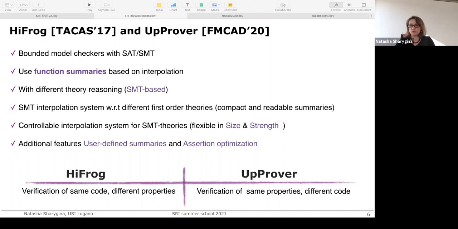What we observed is that if there are systems which are closely related, like upgrades of the system, new versions, or bug patches, then our incremental bounded model checker AppProver really helps to re-verify these new versions of the system very effectively. So it really focuses on upgrade checking of the systems.